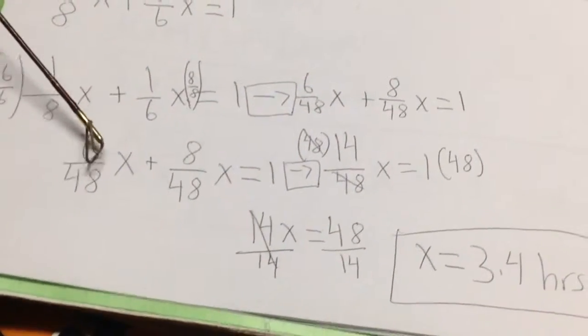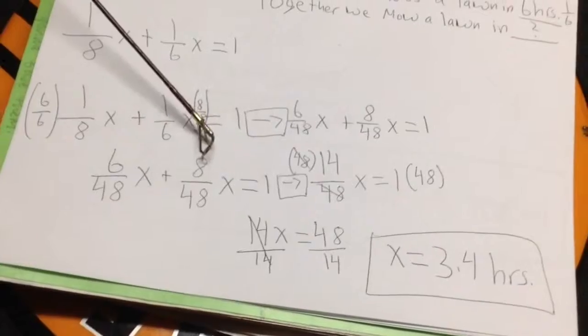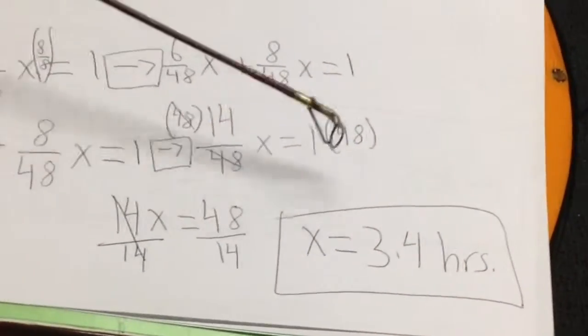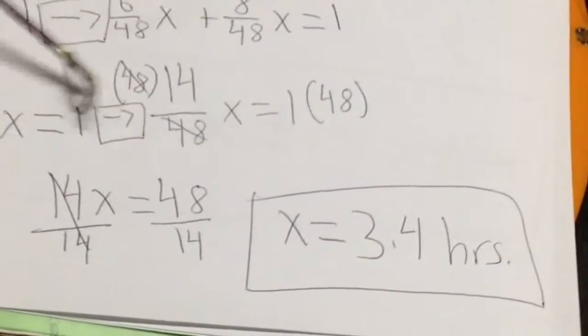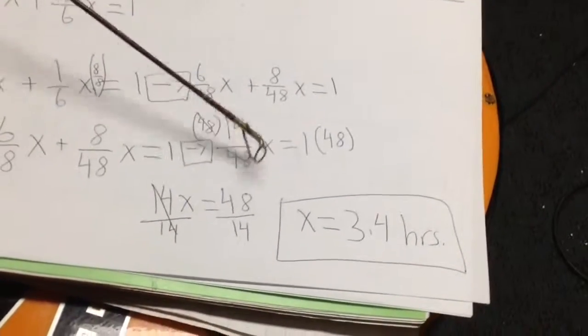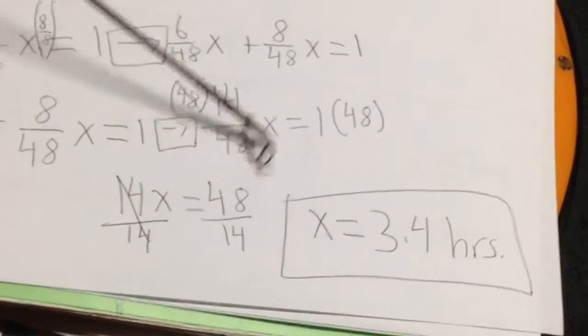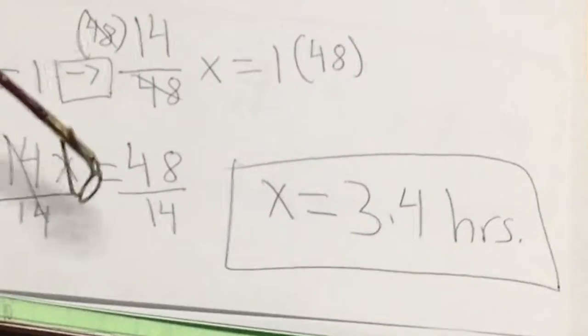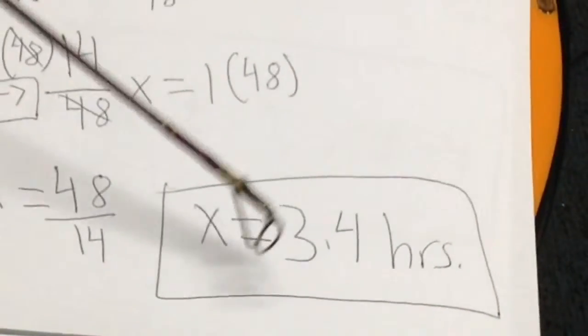And after I moved it down here, I added the 6 and the 8, and I got 14 over 48x equals 1. So I multiplied both sides by 48 to cancel out the 48 on the bottom. And after I did that, I got 14x equals 48. So I divided the 14 on both sides, and I got x equals 3.4. So it'll take both of us 3.4 hours to mow a lawn together.